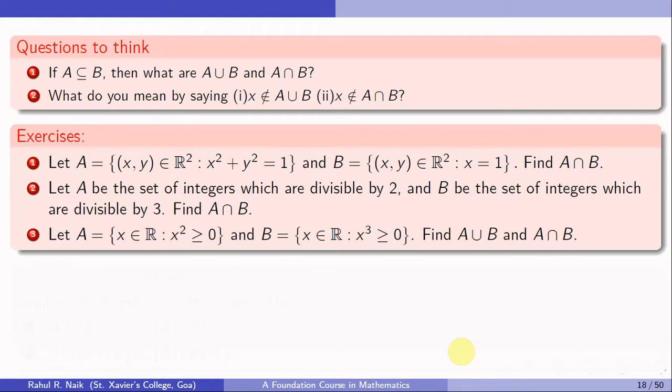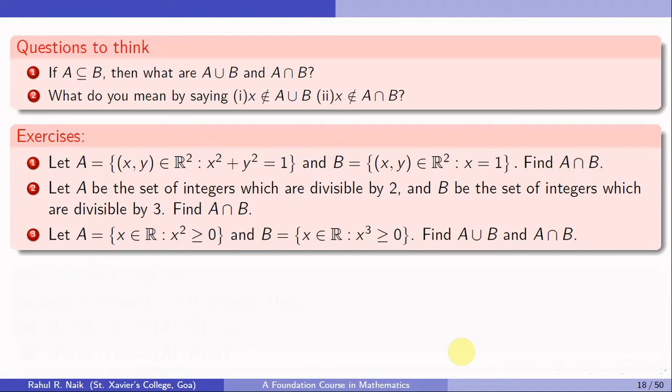Another very small and simple exercise. You are given two sets in the first problem, A and B. A is the set of all points (x, y) in R2 with the property that x squared plus y squared is equal to 1. We can see that these are the points on a unit circle with radius equal to 1 and center at 0.